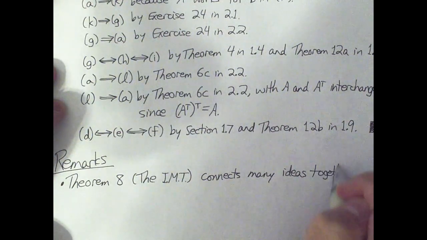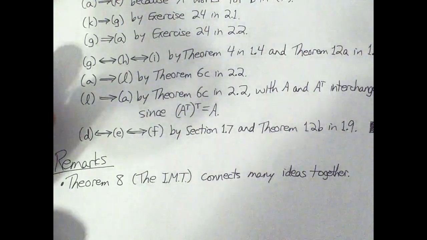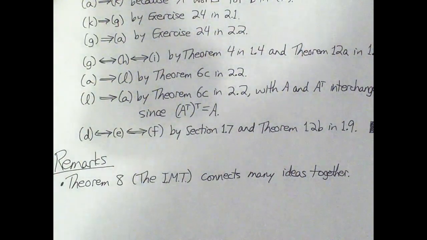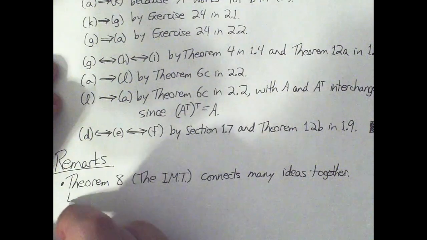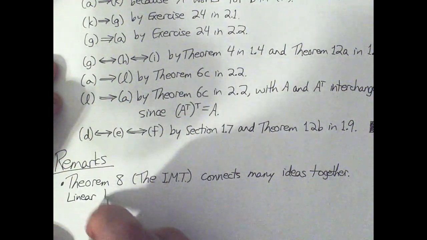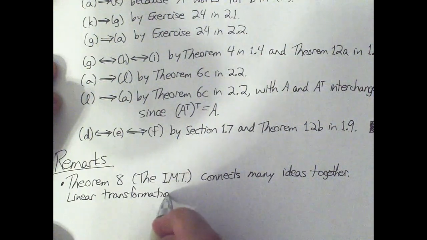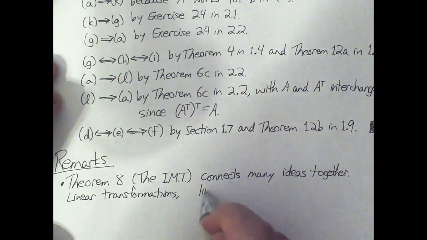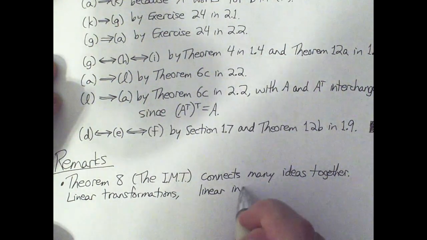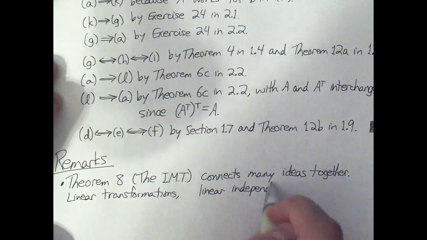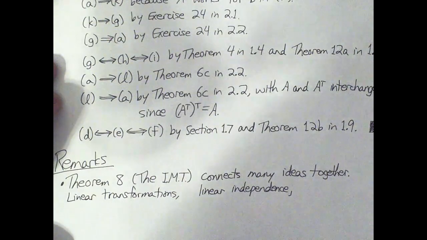In a way, a lot of what we've been doing in the course has been building up to this moment, to show you that a lot of these things that seemed like separate concepts are actually connected by this theorem. It includes linear transformations and linear independence. Those are things that I might have thought were completely separate from each other until this theorem showed that they are related.